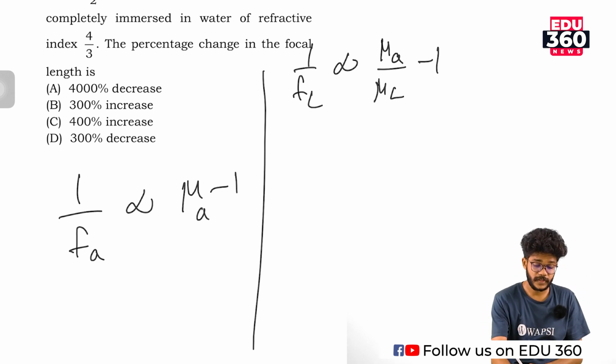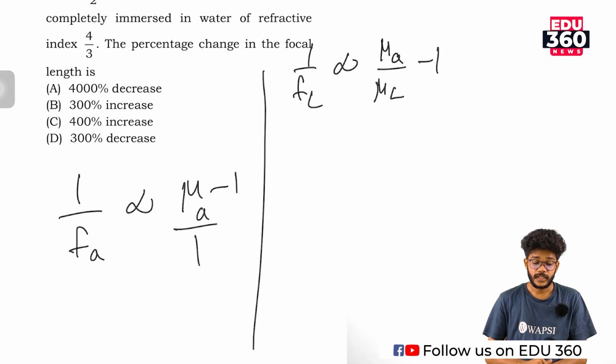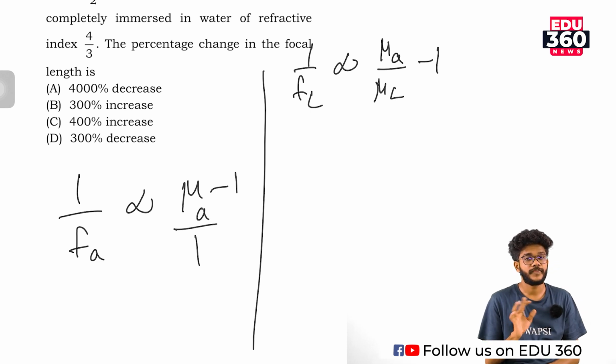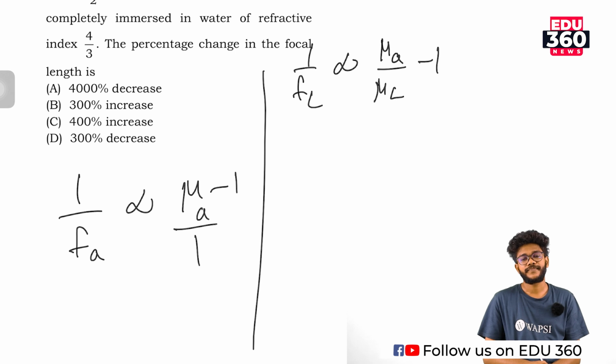First it is with respect to the air, that's why we put 1 on the denominator of mu_a. Now the denominator of mu_a is mu_L. So we have two equations which give the relation between the focal length and the refractive index.